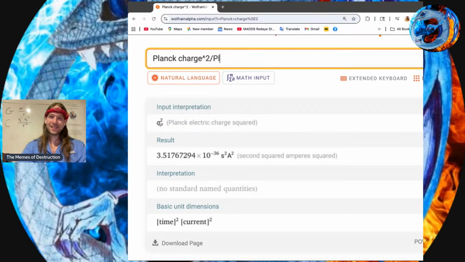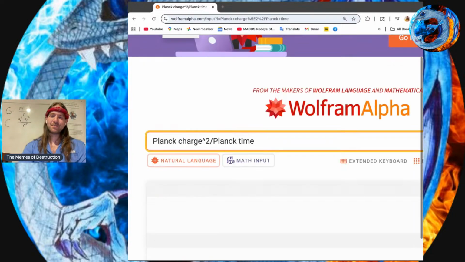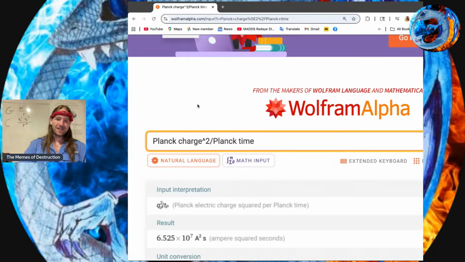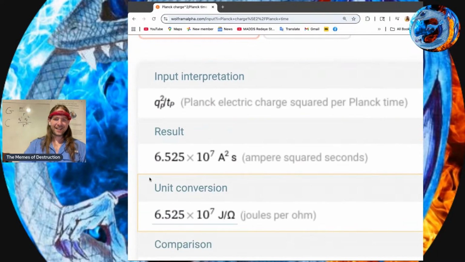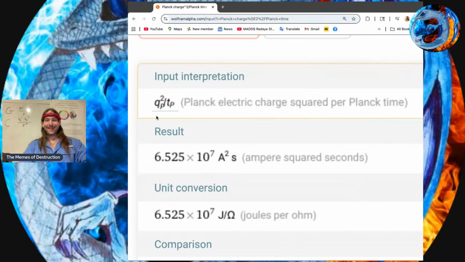How about the time? In a second. It gives you this number here, 6.525 times 10 to the 7 amperes squared seconds, or joules per ohm. Don't worry, I don't know what that means either.